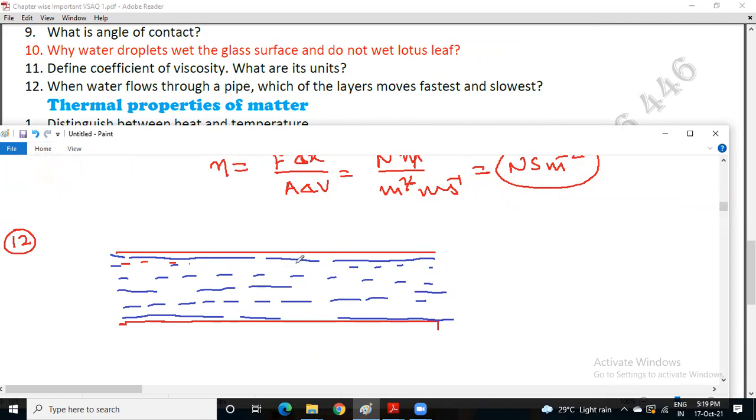You can imagine there is a liquid layer in contact with the walls of the tube. These are all liquid layers. The layers which are in contact with the tube, in general, move slow. Due to the property of viscosity, the layer which is moving slow makes the other layers also move slow. So definitely the middle layer will move faster.